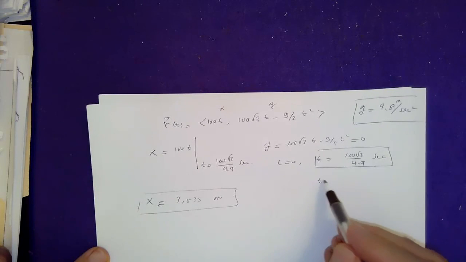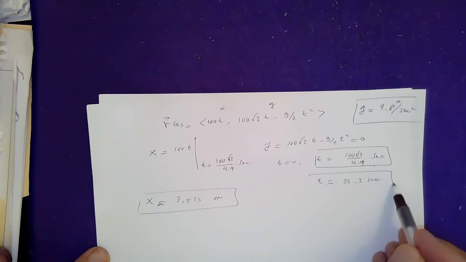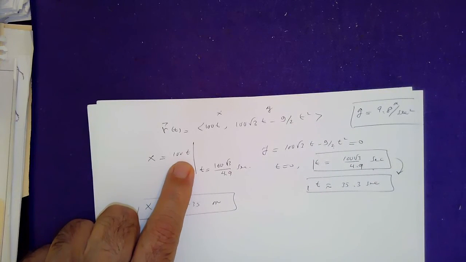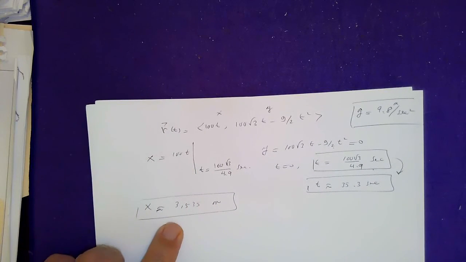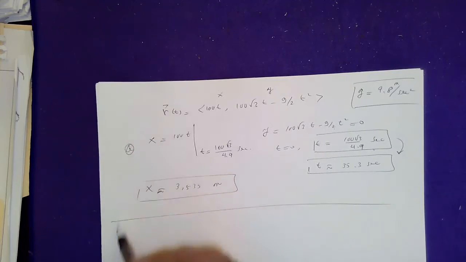Because this guy comes up to roughly 35.3 seconds. So if you stick that in the x component of the position vector, you get about 3,535 meters. Okay, that's called the range, so that's part A.